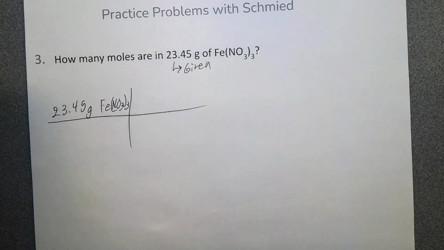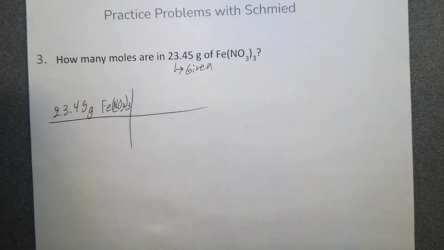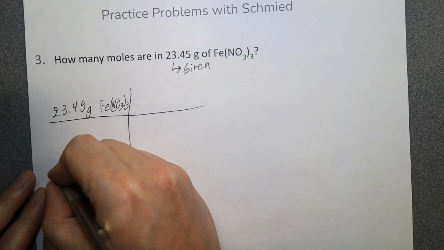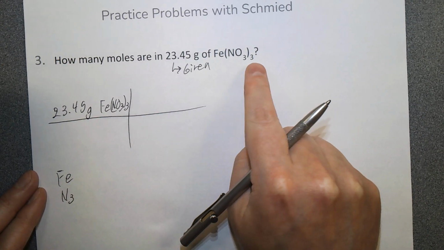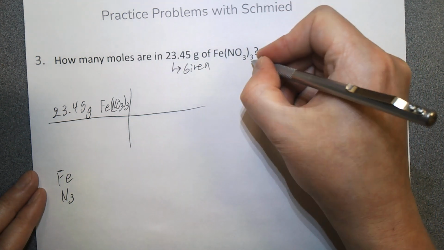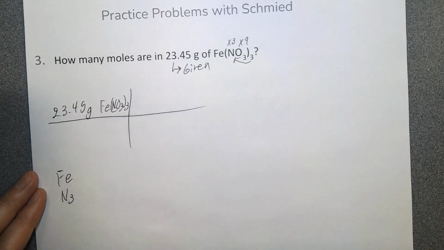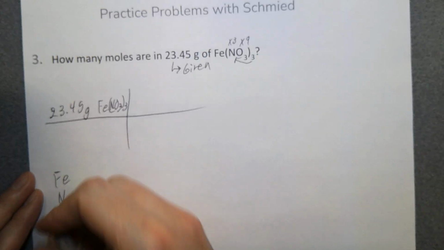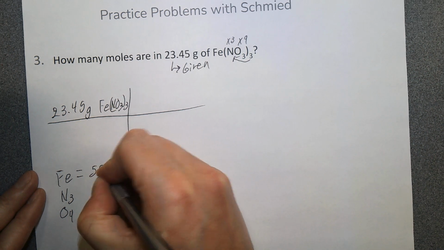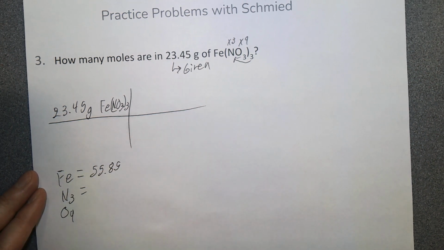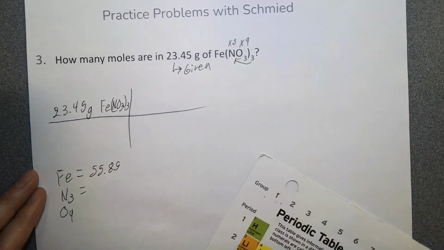So I know that I'm going to need to know how heavy this is. If I'm going to go between moles and grams, I'm going to need to know how heavy it is from the periodic table. So I'll have to do iron, nitrogen times 3. The outside 3 multiplies in, so we've got 3 nitrogens and 9 oxygens. From the periodic table, we know that iron is 55.85. Nitrogen has a mass of, we're going to do 2 decimal places, so 14.